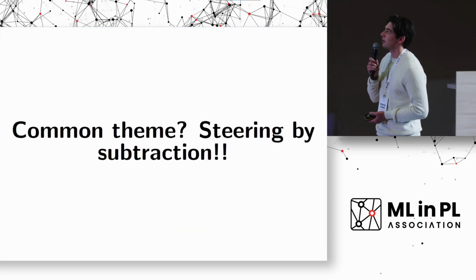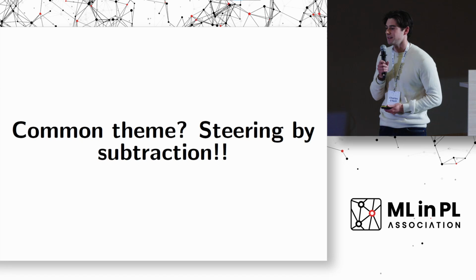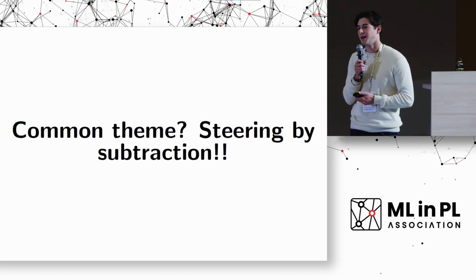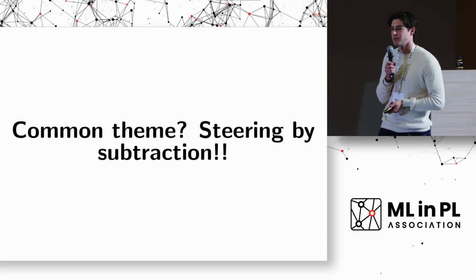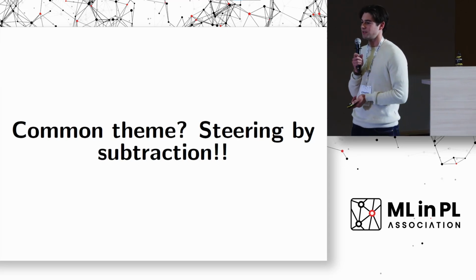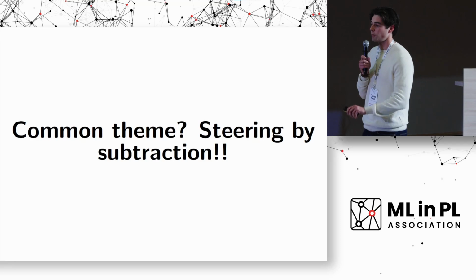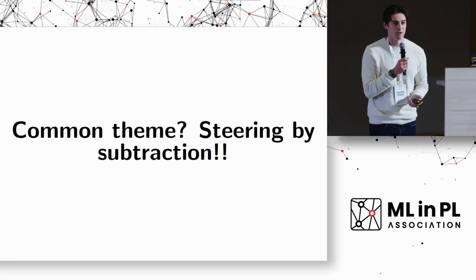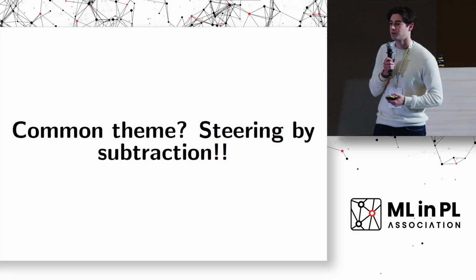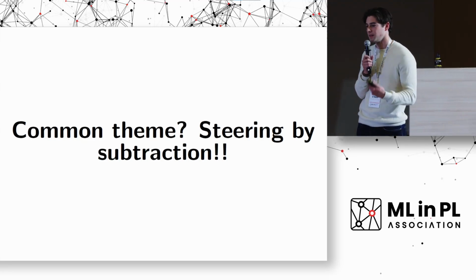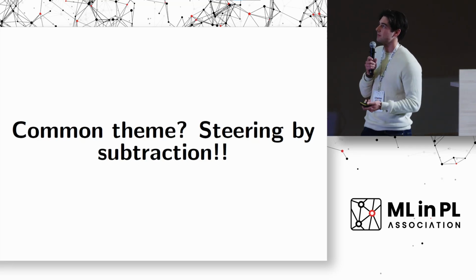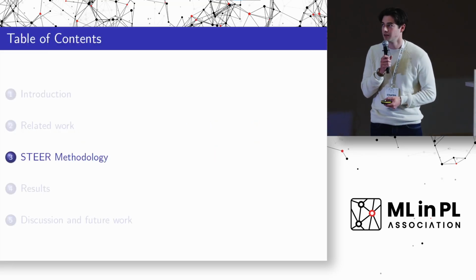And a common theme here is that you can subtract and do really basic maths with these distributions in order to emphasize certain aspects of generation that you want and downweight certain aspects that you don't want. It's a really simple idea, but if you know what attributes you're aiming for and which models, or even which bits of the prompt, are going to give that to you, then you can do this subtraction. So that's the main idea behind what we're trying to do.